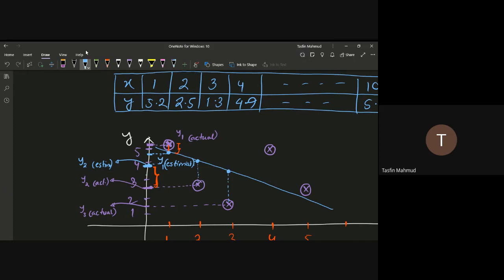And if we consider the y value, then this is our y3 estimated. So if we take this difference, we will actually get the error for this third data point, and then we will have to consider squaring it to determine the squared error.